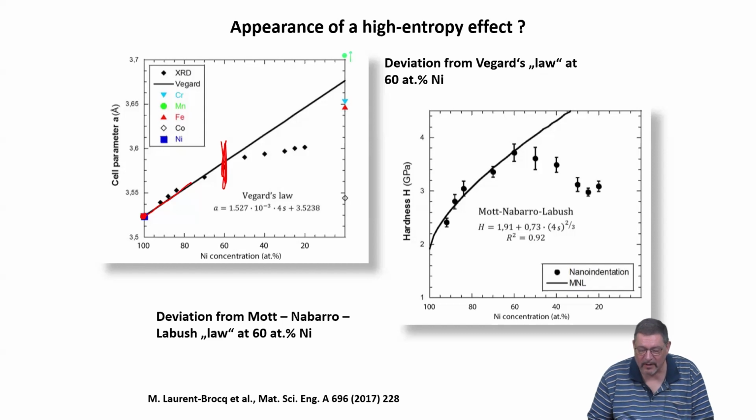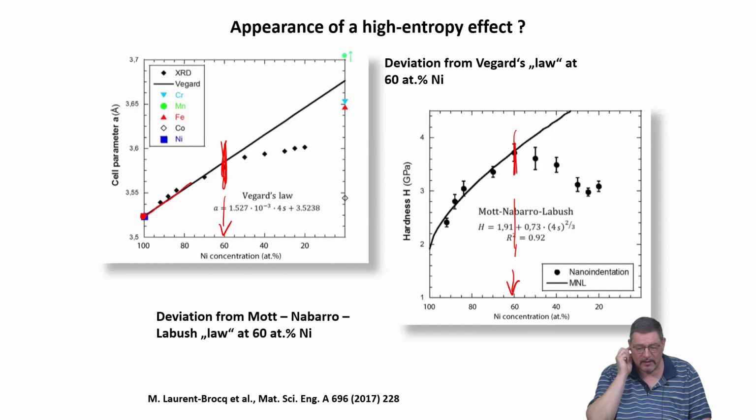And people have also seen and compared then for all these different alloys which are shown here, the hardness values. And again, they found that for about 60 atomic percent nickel, there is a deviation from, again, a constitutive law, which is not a law, but which is an approximation for dilute solutions, complete solutions.